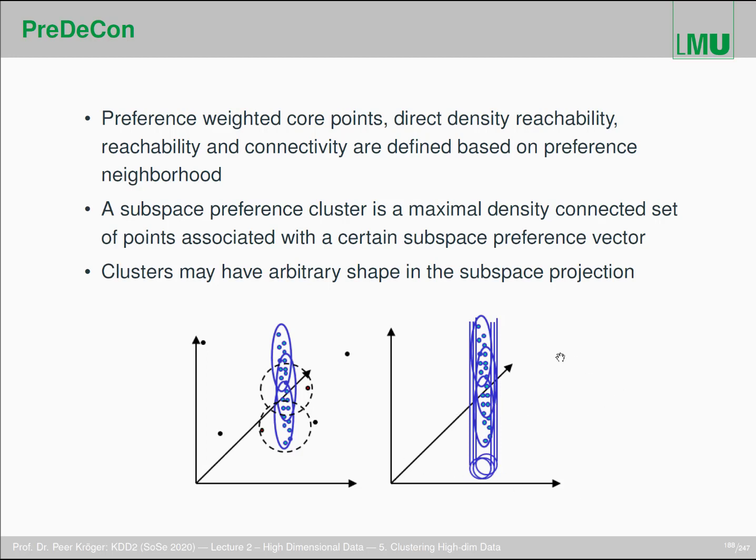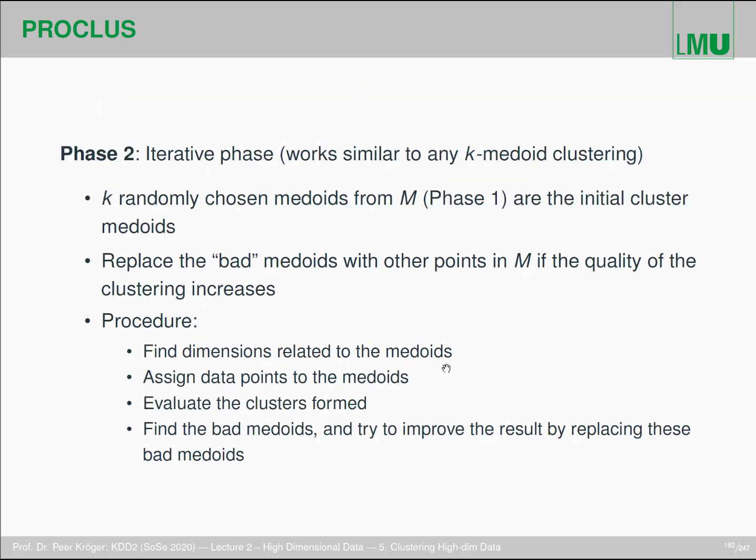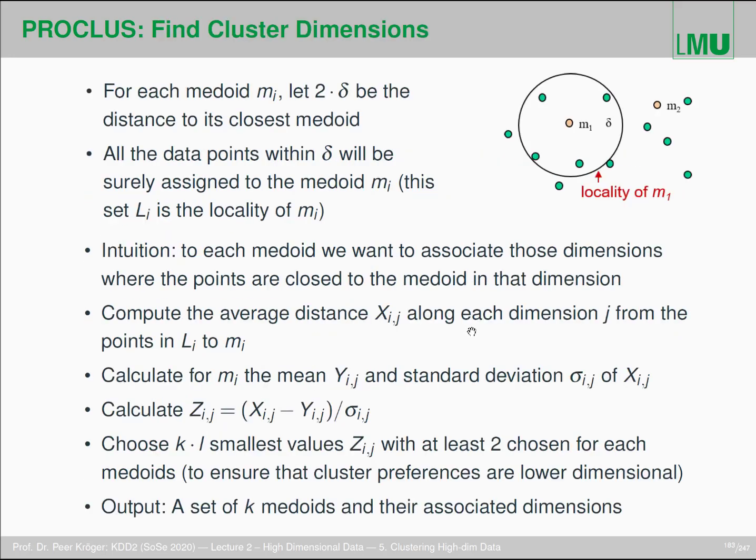Yeah? So the clusters in the subspace projection may have arbitrary shape now, which is different to PROCLUS, which ends up in something which is again spherical in the projections, of course. Yeah? So because it's a partitioning based cluster model.